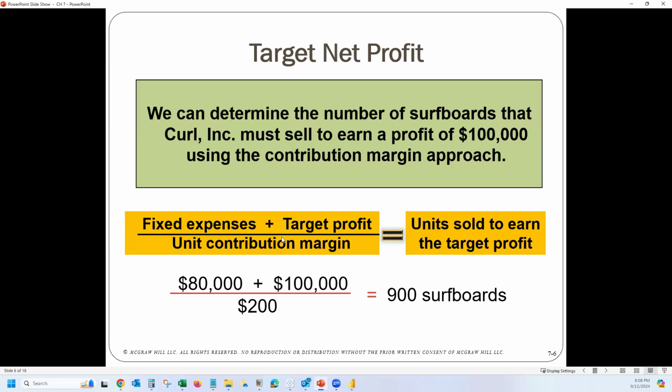With this information, we know that the company must sell 900 softbox in order to achieve this target profit. Anything less than the 900 softbox may not result in this $100,000 target profit.